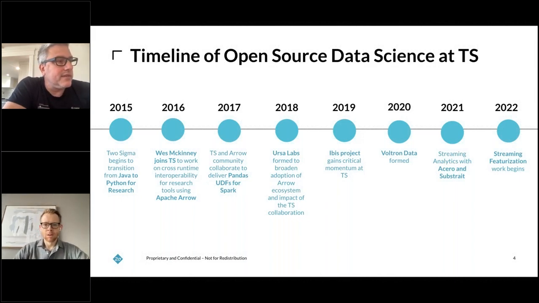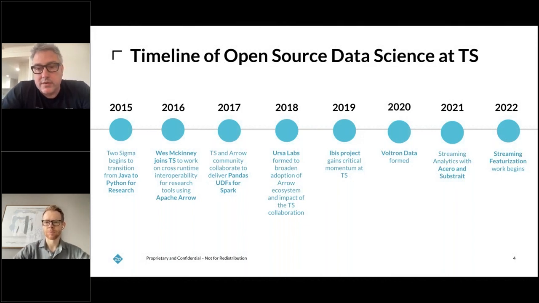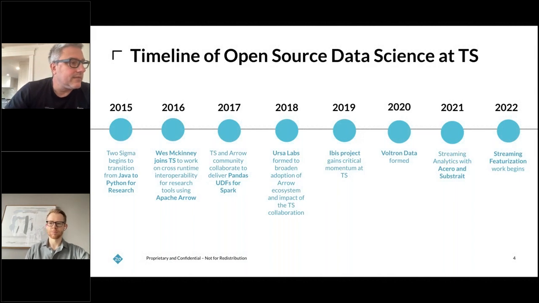Wes left Two Sigma in 2018, but we continued to work with him since then, specifically on using Ibis, a transpiler that allows us to write models and do research in Python, but then execute that on multiple backends, including our internal trading systems. And more recently now moving towards streaming analytics with the open source projects Arrow and Substrate that will allow us to support petabyte scale data analytics. Next slide.